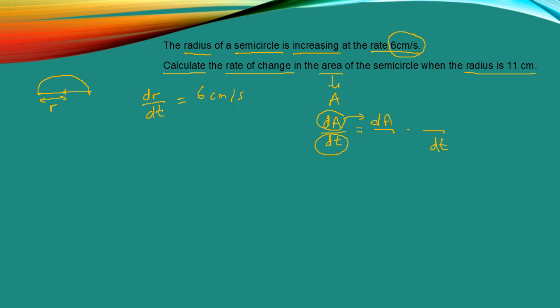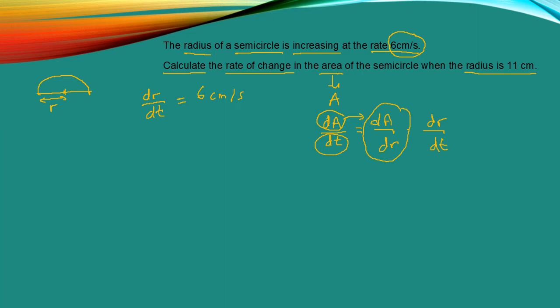For this question, we have the function dr, so we put dr here and dr here in the chain rule. If we cancel dr, we get back dA over dt. So now we want to find dA over dr.